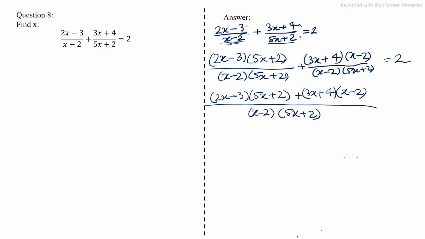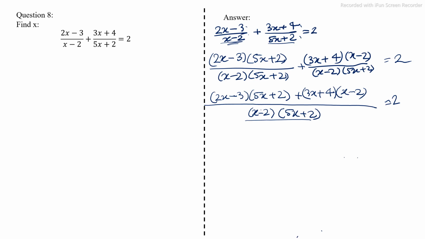Okay, we have an equation. This is actually a pretty long question, I think. It's going to take some time, so let's get into it. The first thing I see to do is, I don't like fractions, so I'm going to multiply both sides by this x minus 2 and 5x plus 2.